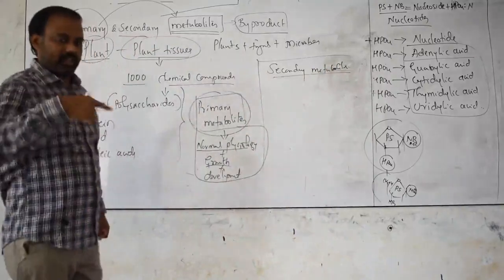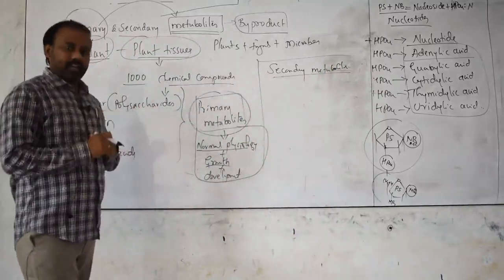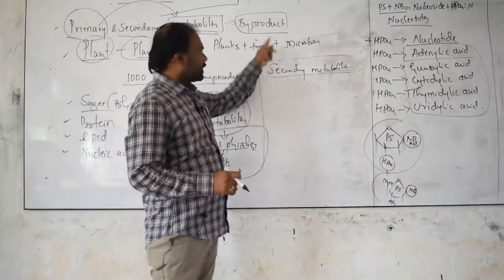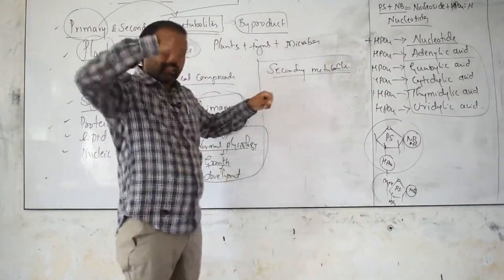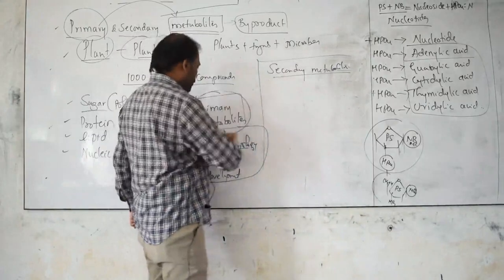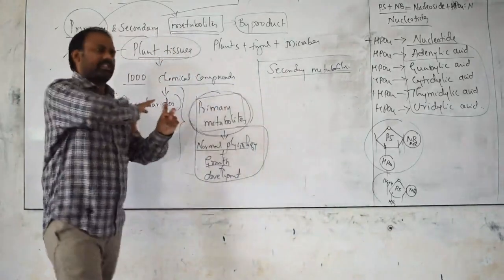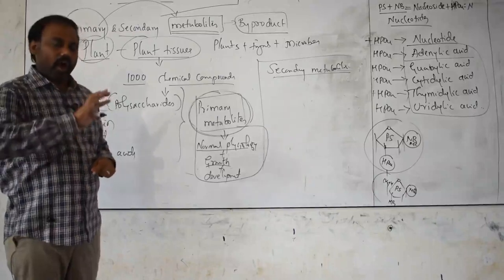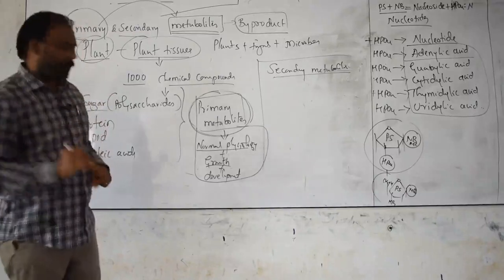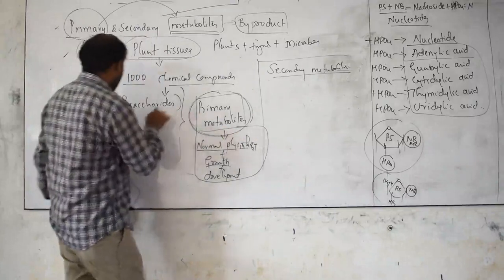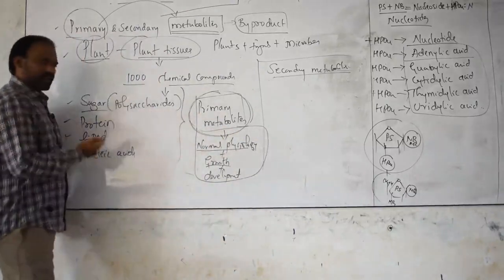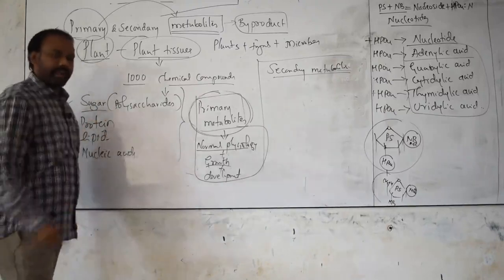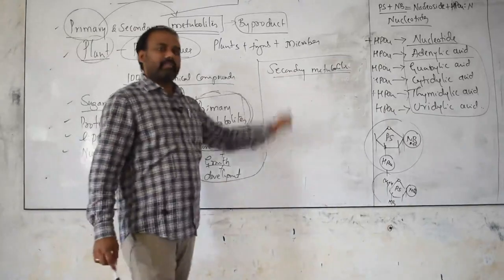Once again, I mean to say, when you take the several thousands of chemicals from the plant body, just remove the sugars, that is polysaccharides, carbohydrates, protein, lipid and nucleic acids. What remains in the plant body is considered as secondary metabolites.